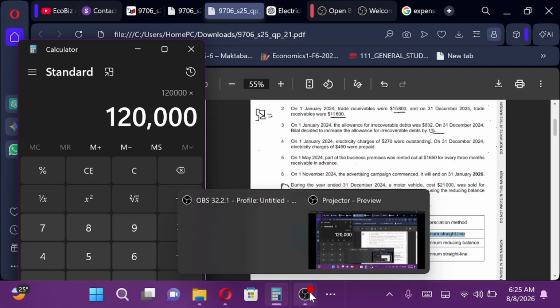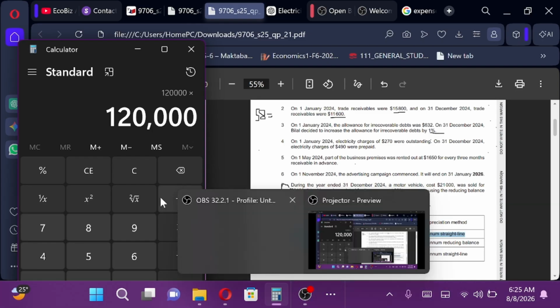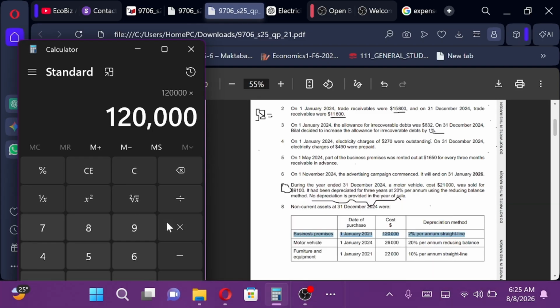So we take that amount, 120,000, and we multiply it by 2%, which we get 2,400. Now that 2,400, we can see here it says that amount was purchased on 1st of January 2021.